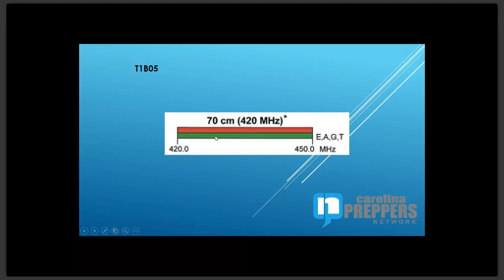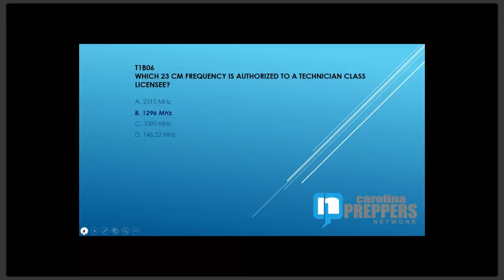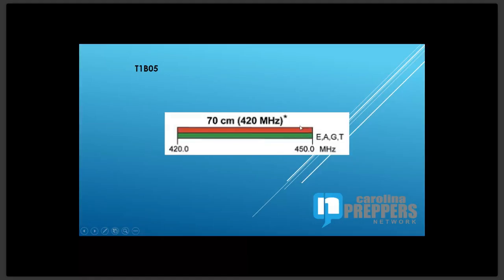The difference between the red and the green: both of these are voice. But when you look at the band plan that the ARRL put out, where I took a snapshot, the green is for one set of privileges, and the red is for another. I forgot which one it was, but they're the same thing. It's going to be voice.